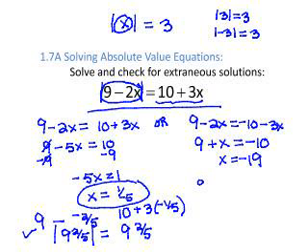So 9 minus 2 times negative 19, the absolute value of which we want to see if it's equal to 10 plus 3 times negative 19. Hopefully I can get this all in here.